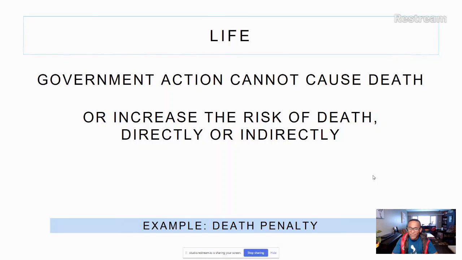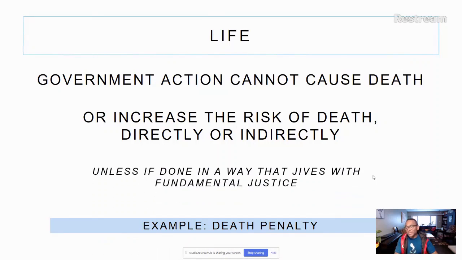So if these examples happen, the government has violated your right to life. In many situations where these kinds of things happen, the government will easily concede that they violated your right to life. And the only question becomes, have they done so in a way that jives with fundamental justice? Fundamental justice is back. Keep it in mind. It's always going to be a factor.